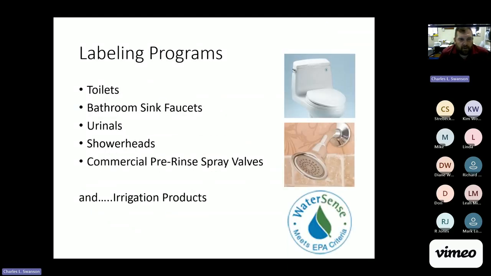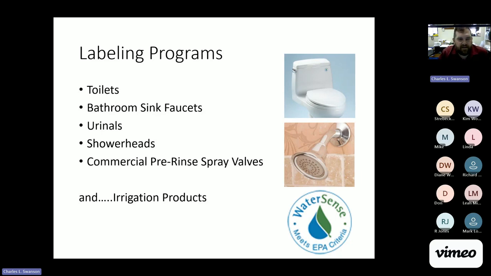And so the WaterSense program's been around for a very long time. If you remember from the late 90s, we had the launch of the WaterSense toilets. Everything had the little sticker on it here, like in the upper right picture. And then over time, WaterSense evolved to look at additional water features in the home, including bathroom faucets, urinals, showers, and different types of rinse valves used in commercial kitchens.